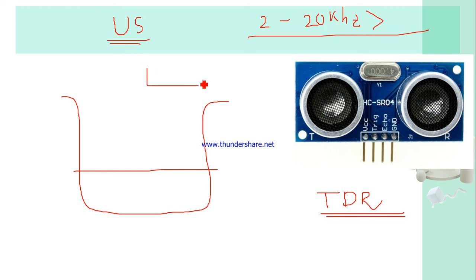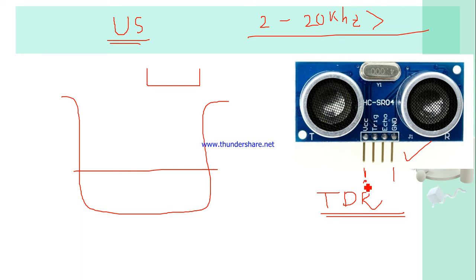Okay, so this is the conventional setup, it is available in my lab, it is calibrated also. This sensor name is HC-SR04. This is the pin, it will operate on 3.3 to 5 volt logic.